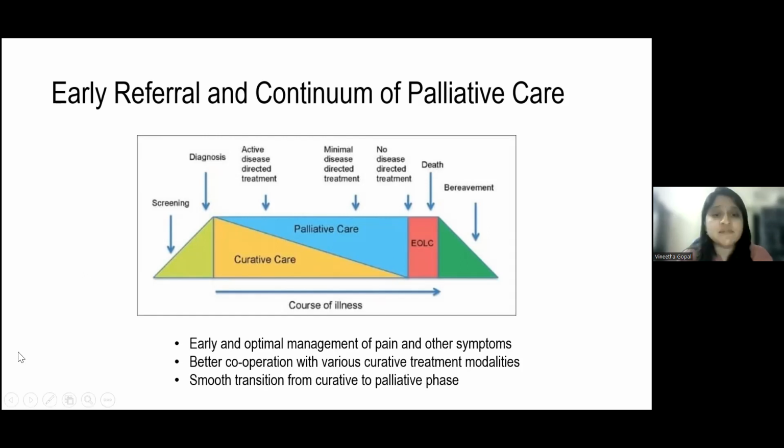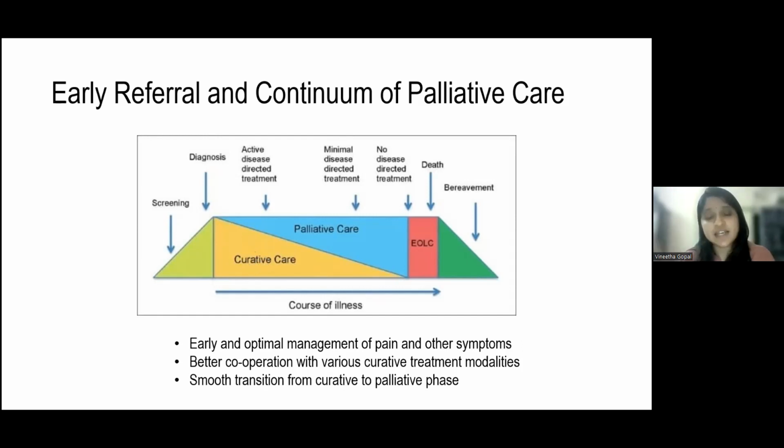So this is why you should give an early referral to palliative care. From the very first visit itself, you should assess the patient's pain properly, and you should start them on analgesics. And from the very first visit itself, you can ask for a palliative care referral also. In our oncology department, this is being routinely done now.